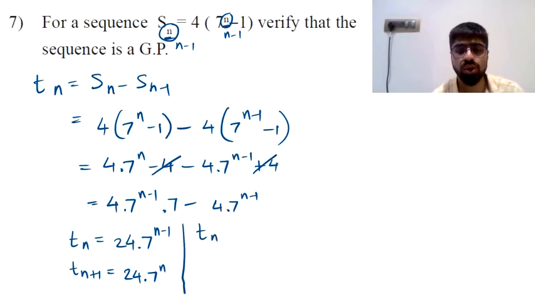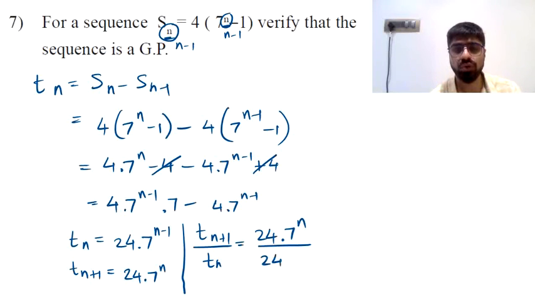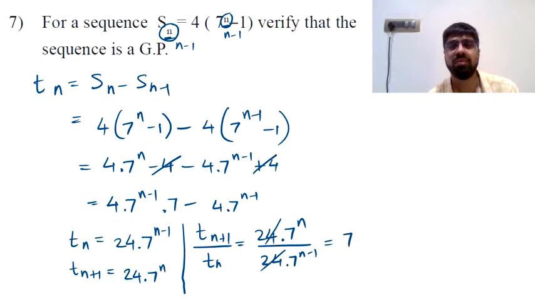Now when you take a ratio of the two terms, this will be 24 into 7 power n upon 24 into 7 power n minus 1. 24 in the numerator and denominator gets cancelled, and a power m upon a power n is a power m minus n. So this becomes 7 power n minus (n minus 1), which is equal to 7 power 1, that is 7 only.